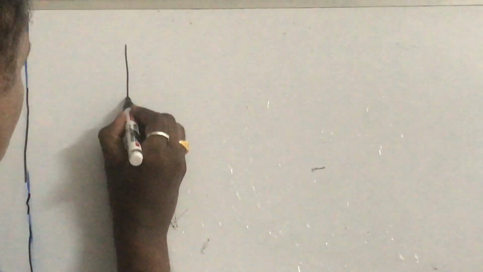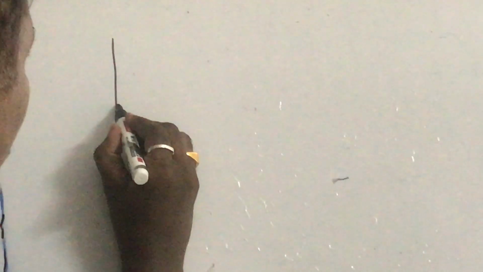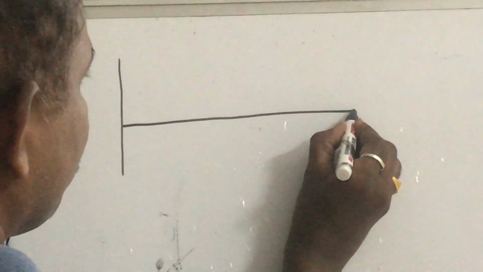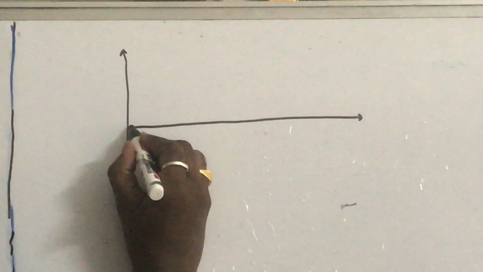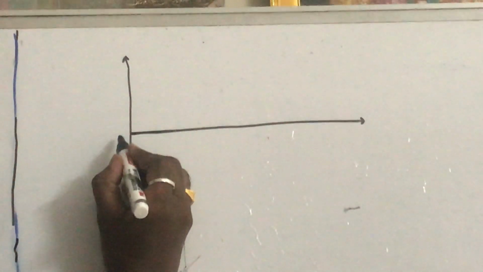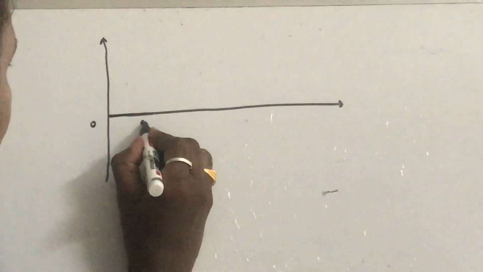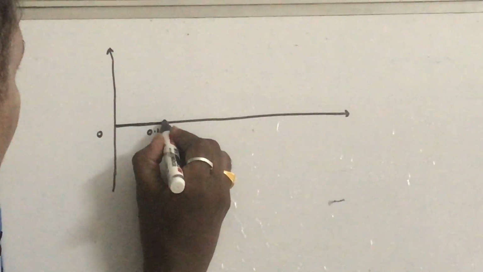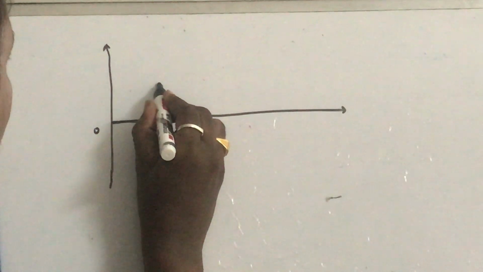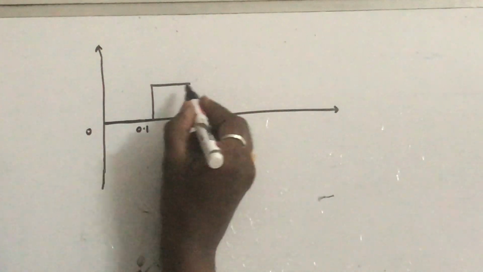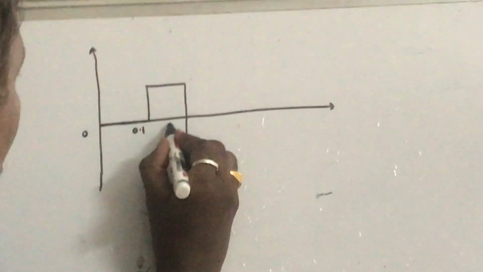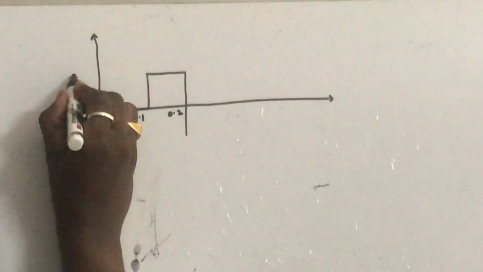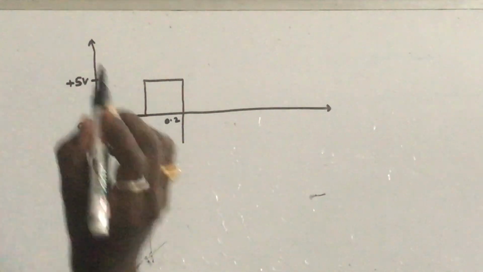First I draw the input waveform. From 0 to 0.1 milliseconds there is no input. From 0.1 to 0.2, there is plus 5 volts.